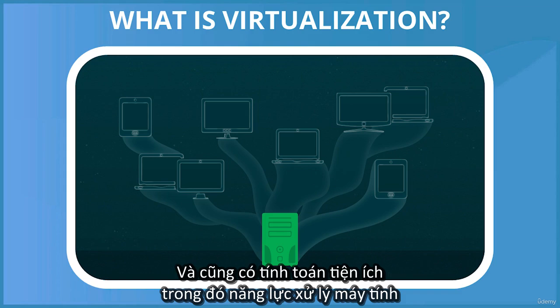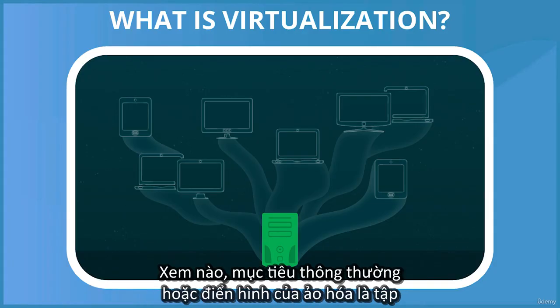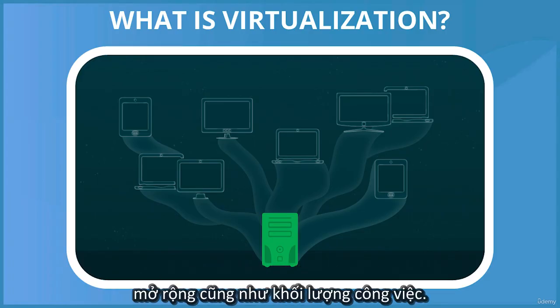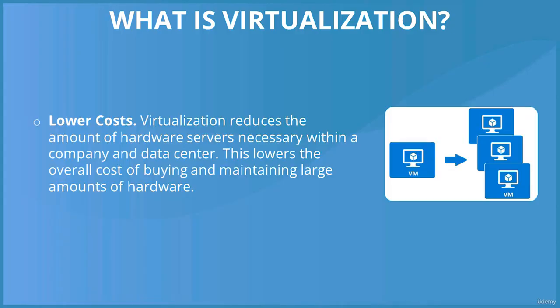And there's also utility computing, in which computer processing power is seen as a utility that clients can pay for only as needed. See, the usual or typical goal of virtualization is to centralize administrative tasks while improving scalability as well as workloads. Don't worry, your future is secure. As secure as any other future is.